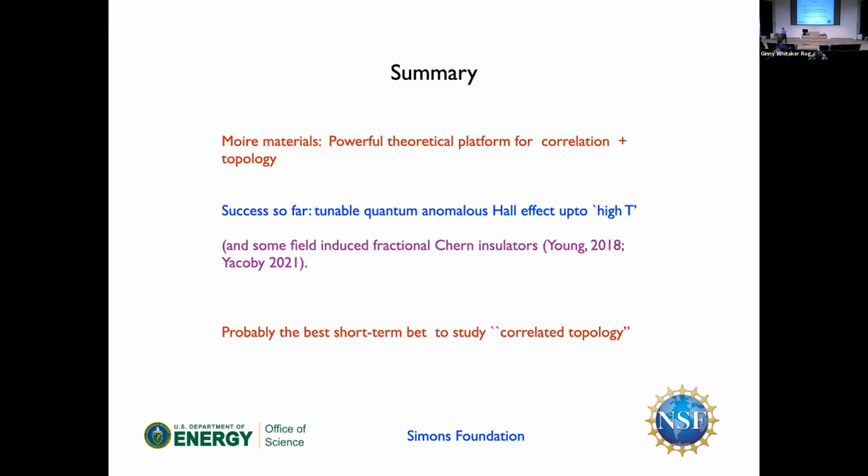And there are some field-induced fractional Chern insulators. Again, very encouraging recent experiments from Emil Jacobi's group. But I hope that this is just the tip of the iceberg. And just for Chimyao's sake, I put in this last sentence just to get his blood boiling.